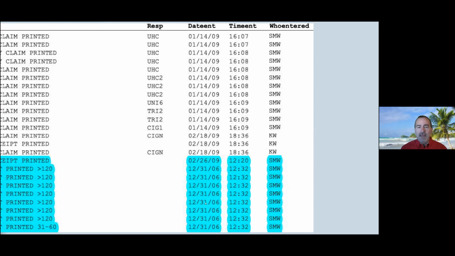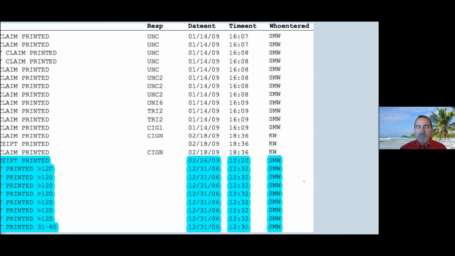And then they went back in and they went to January 31st of 2007, and ran statements, and then they did February, and then they did March. And so we're able to see this trail of the date it was entered and the time it was entered, to show that this data had been falsified.